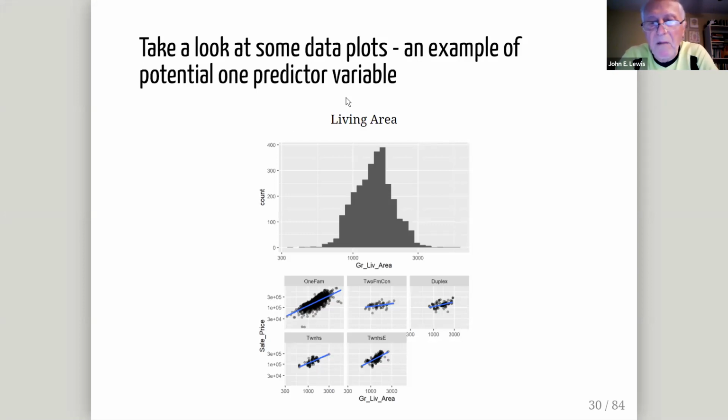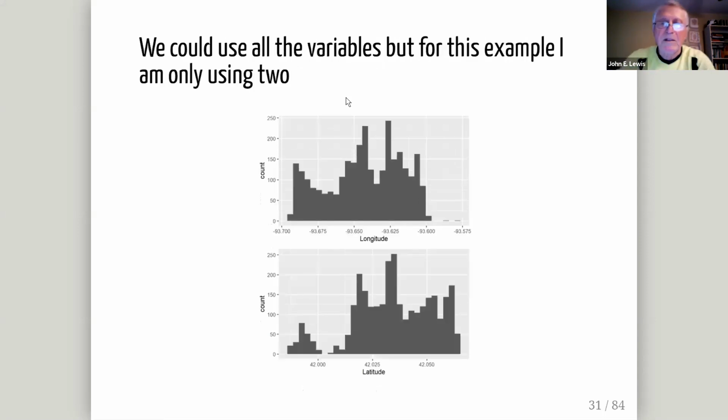On the bottom part of this slide, you can see I quickly did a simple linear model association of this variable with sale price. And you can see the kind of fits here with the subset of different housing types, whether it's a duplex or a single family home or like that. However, for this example, I have chosen to use only two variables.